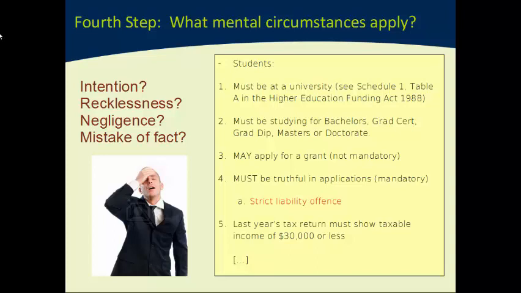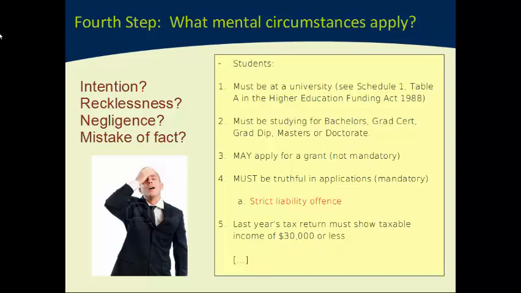Now, we know that we've said that people must be truthful in their applications. Students applying for this grant must be truthful in their applications. What I'm suggesting is that that should be a matter of strict liability. So even if they are not deliberately lying, or even if they are not reckless as to whether they're telling the truth or not, if it turns out that they have not told the truth in their application, there should be consequences.